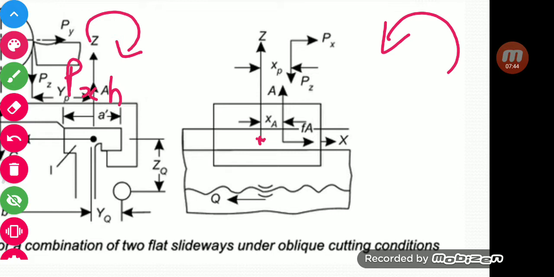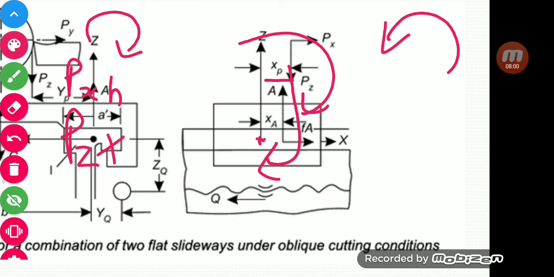Similarly, because your px would give you this type of a moment, your pz multiplied by xp, which is right here, would again give you a clockwise moment. This would be pz multiplied by xp, which again gives a clockwise moment.